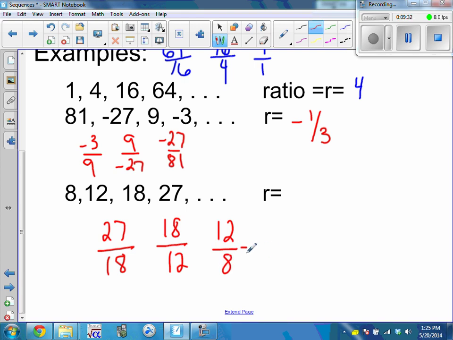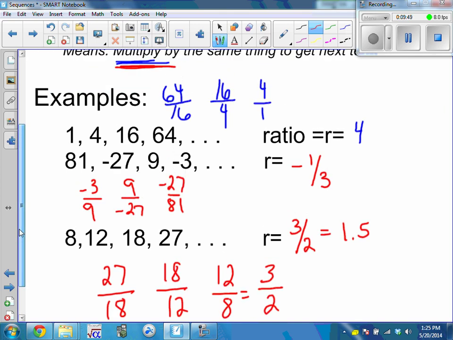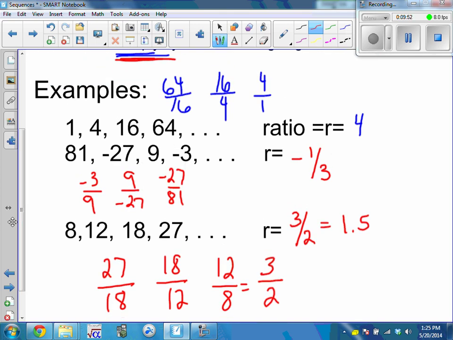Now, to try to figure out what am I multiplying by, if I factor out a 4 and reduce the fraction, this would be 3 halves. So I'm multiplying here by 3 halves, or 1.5. So dividing is how you determine your ratio for a geometric.